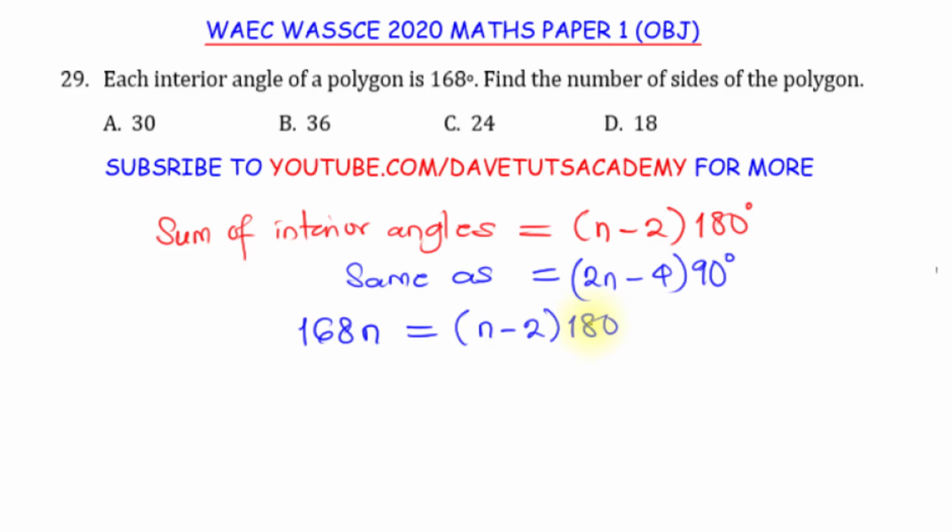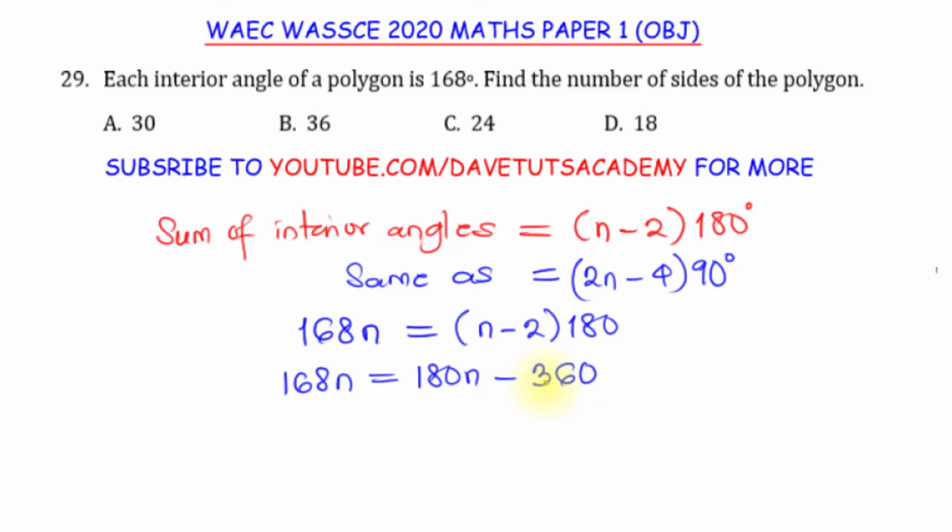So we just need to open up this bracket and solve this directly for us to have 168n is equal to n times 180, that is 180n, minus 2 times 180 is 360 degrees, okay.